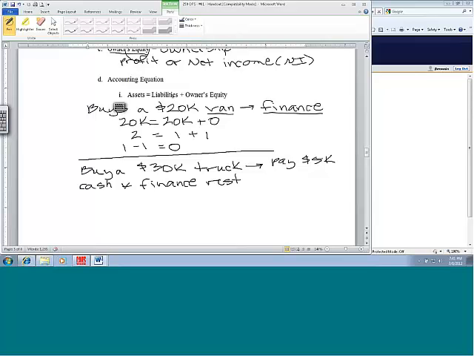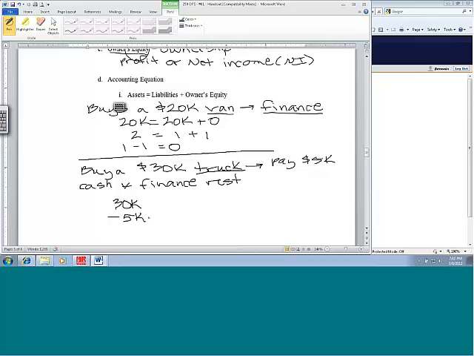Assets equals liabilities plus owner's equity. So the way that works is we bought a truck, so now we've got $30,000 on the asset side, and we pay $5,000. So we're actually also decreasing $5,000 cash. So cash is an asset, and we're paying it out, so we're decreasing.